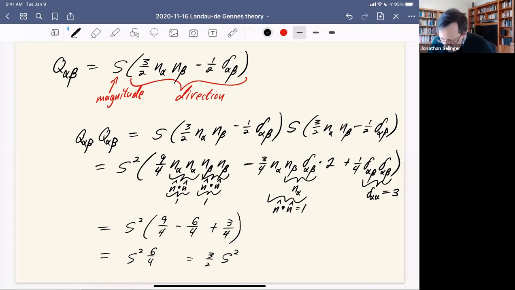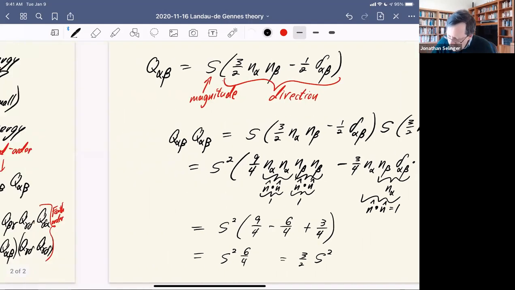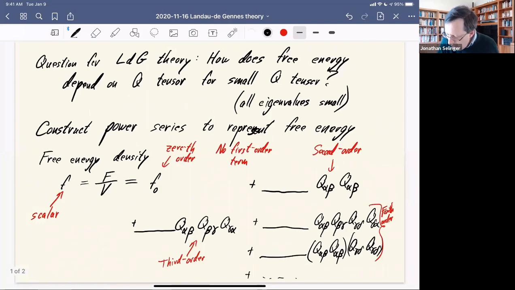Okay, so when we look at this second order term, what I'm circling is proportional to s squared, right? It's 3/2 s squared, and there's some unknown coefficient in there.